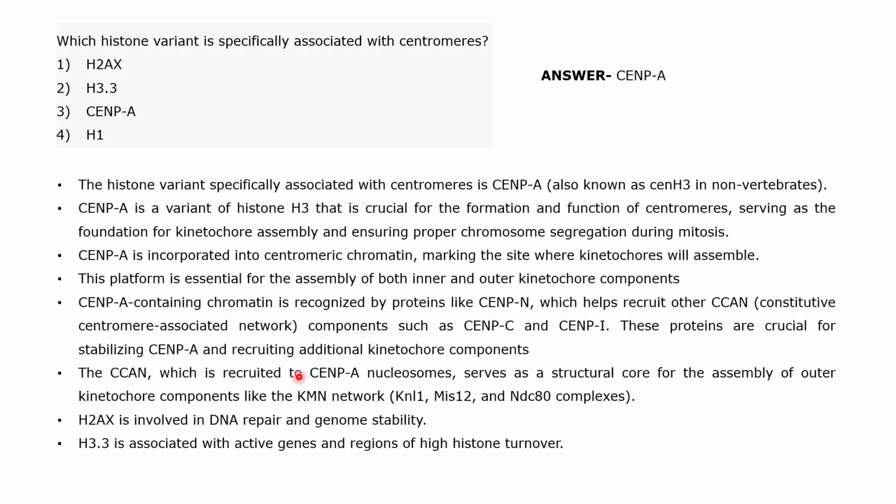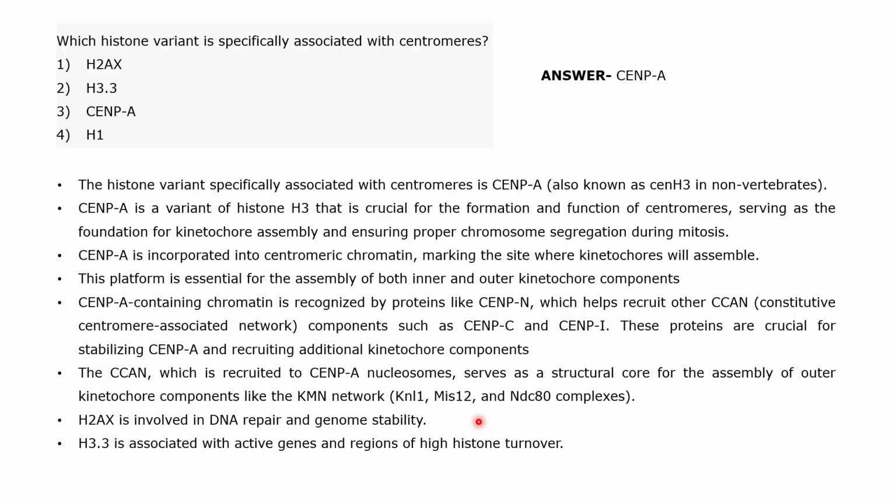If we look into the other two options, H2AX is involved in DNA repair and genome stability, and H3.3 is associated with active genes and regions of high histone turnover. High histone turnover means there are certain regions within the nucleosomal DNA which are transcriptionally active at a higher rate.